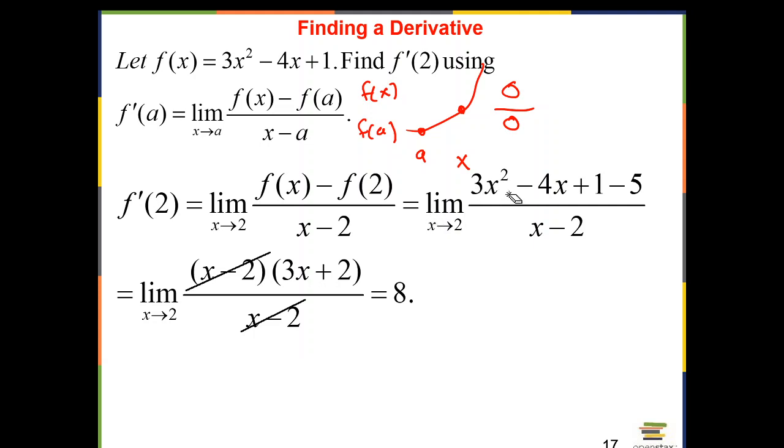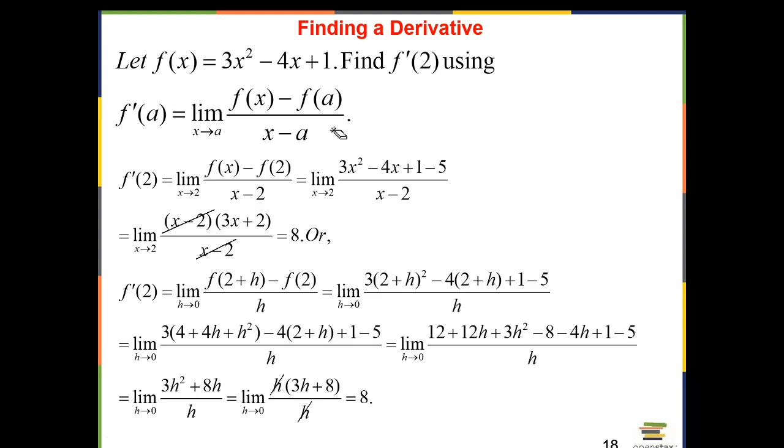It's really easy to factor. I think I showed you how to do it in an easy way in videos on chapter 2. But those are the factors of that. And this gets cancelled, so the answer is 8. So the slope of the tangent to the graph of this function at 2 is 8. Okay?